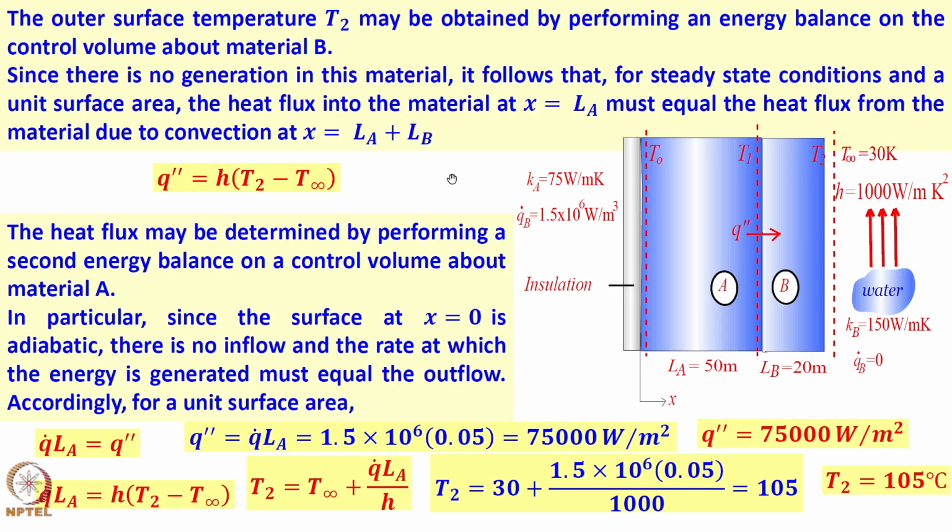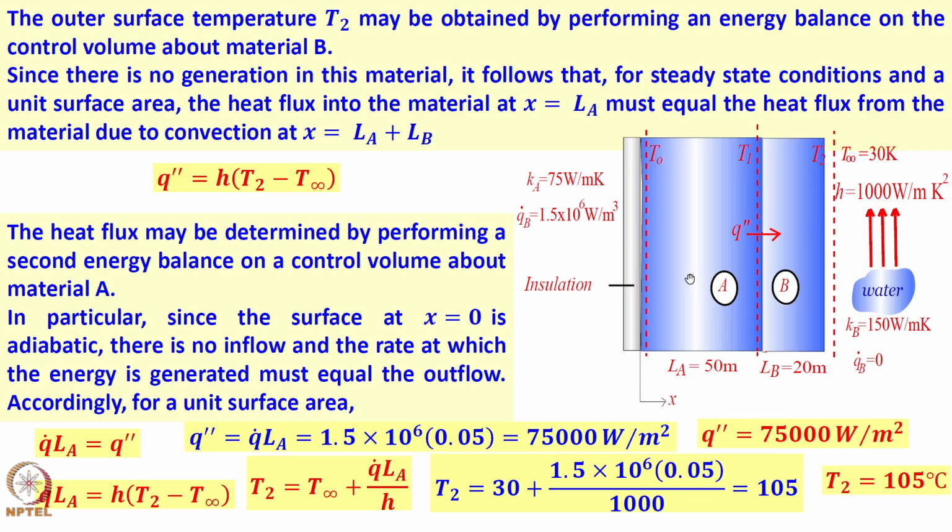I have Q dot, which is 1.5 into 10 to the power 6 watt per meter cube. What is the region of volume? This volume of material A. So, LA into surface area, which is into the plane of the paper.